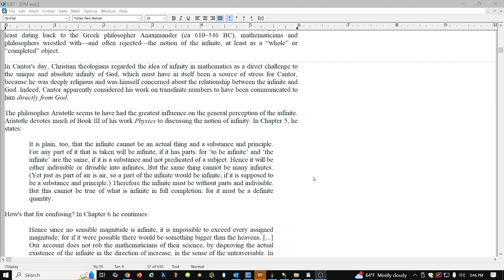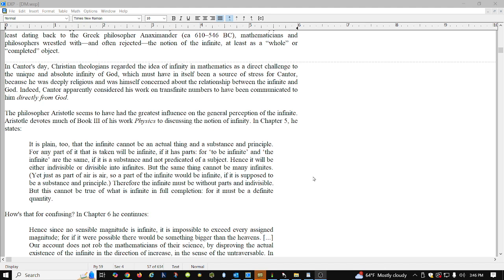It is plain, too, that the infinite cannot be an actual thing, and a substance and principle. For any part of it that is taken will be infinite if it has parts. For to be infinite and the infinite are the same, if it is a substance and not predicated of a subject. Hence, it will be either indivisible or divisible into infinities.